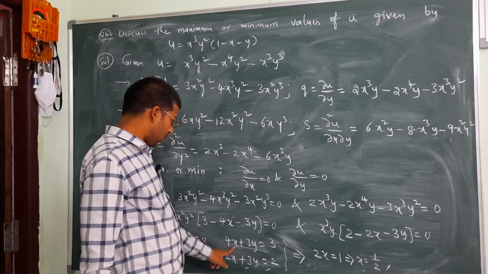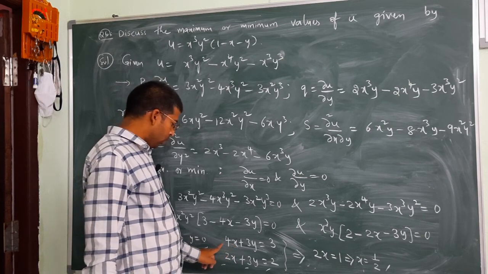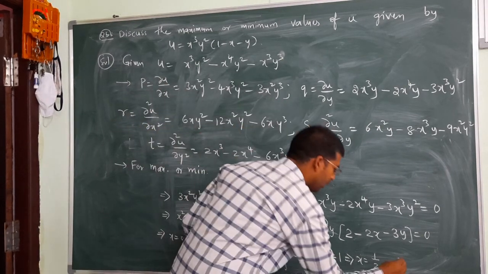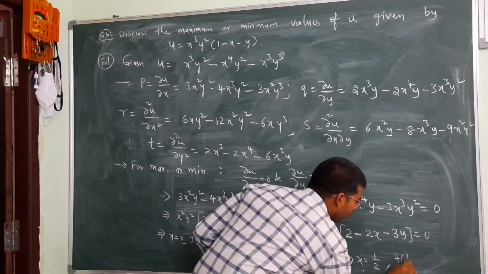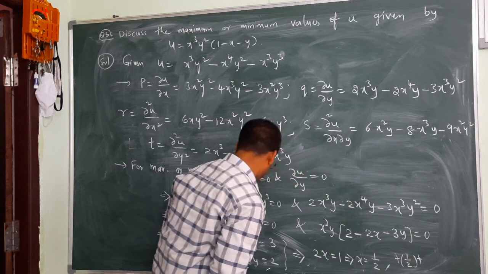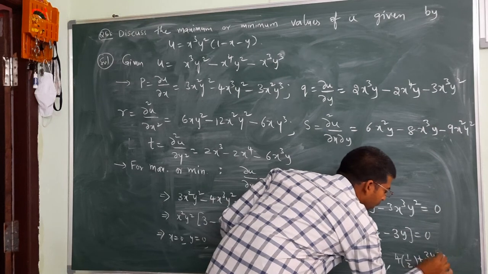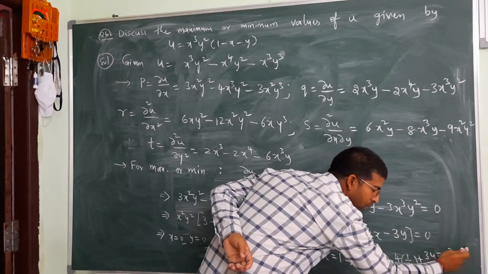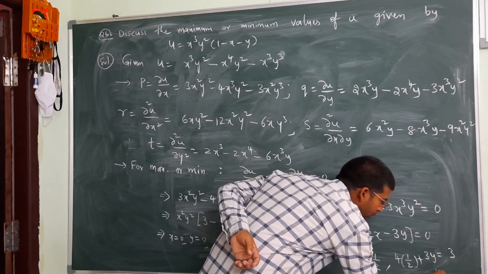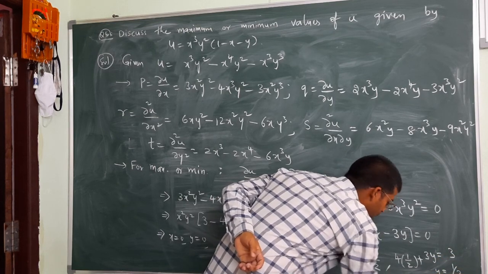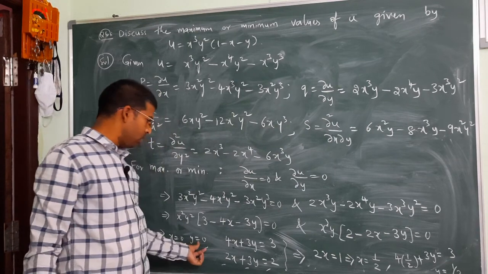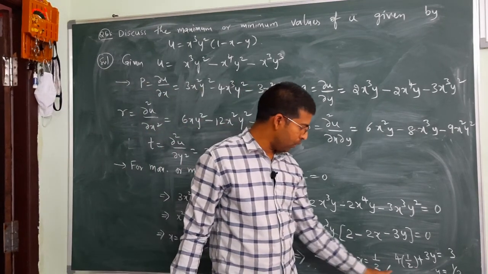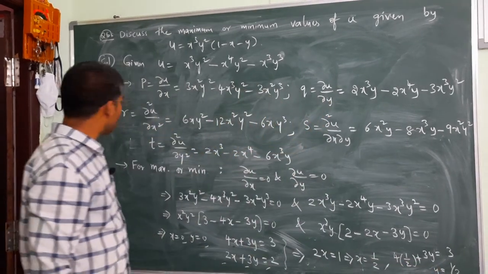If I substitute the x value 1 by 2 here, 4 into 1 by 2 is 2, right? 4 into 1 by 2 plus 3y equal to 3. If you take 2 to that side, 3 minus 2 is 1. Therefore y value is 1 by 3. Therefore we got the point 0, 0, and one more point is 1 by 2, 1 by 3.